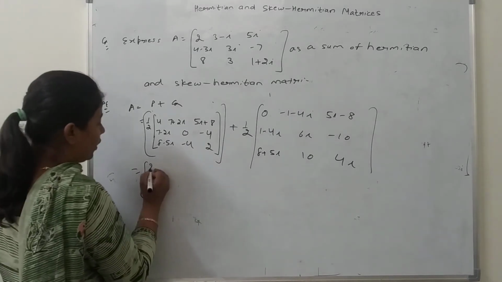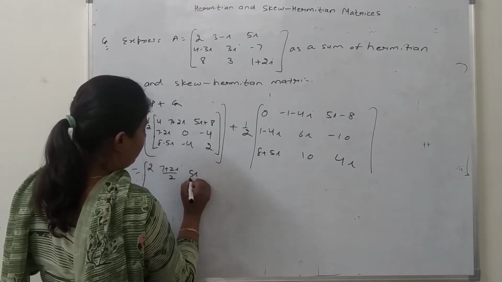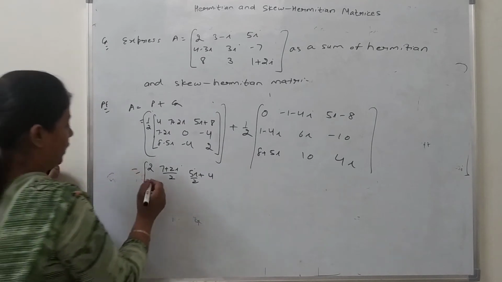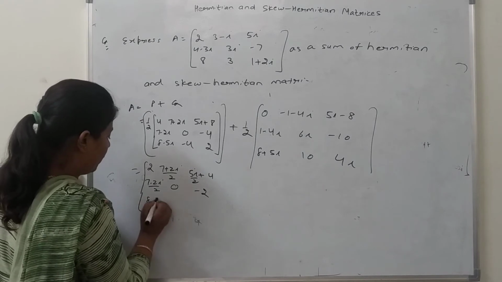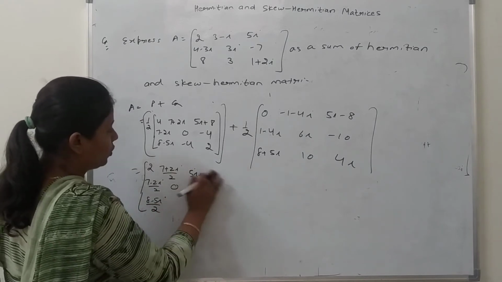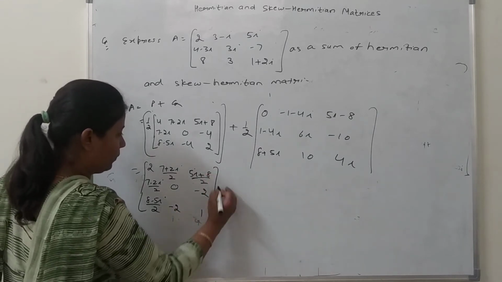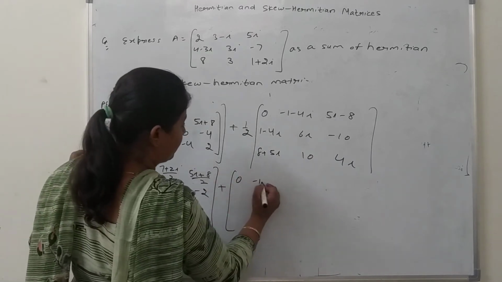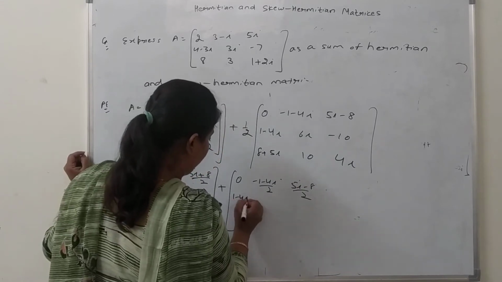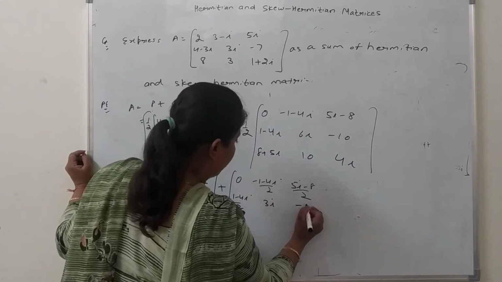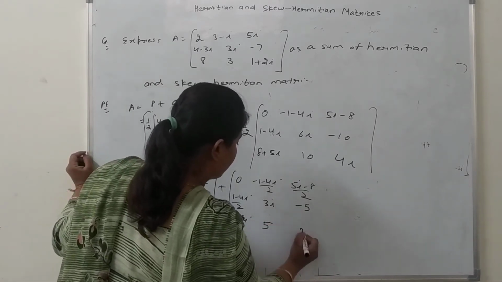It will become 2, 7 plus 2 iota by 2, 5 iota by 2 plus 4, 7 minus 2 iota by 2, 0, minus 2, 8 minus 5 iota by 2, 5 iota plus 2, minus 2, 1, plus 0, minus 1 minus 4 iota by 2, 5 iota minus 8 by 2, 1 minus 4 iota by 2, 3 iota minus 5, 8 plus 5 iota by 2, 5, 2 iota.